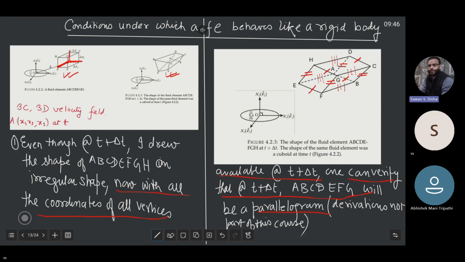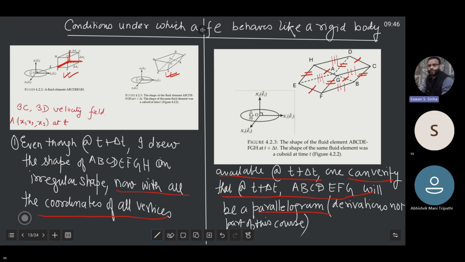Will you agree with me? Because it's a parallelogram, right? So whatever expressions I derived so far give me a complete description of all edges and all angles of this small fluid element. Follow what I'm saying? All right.